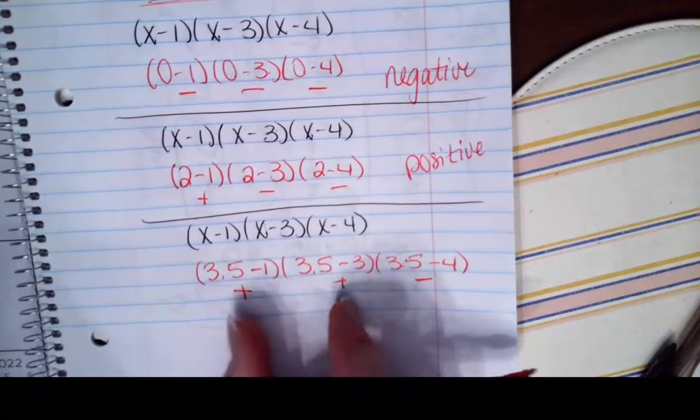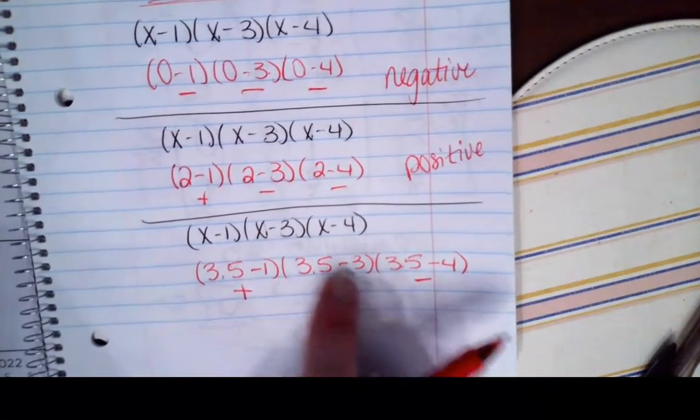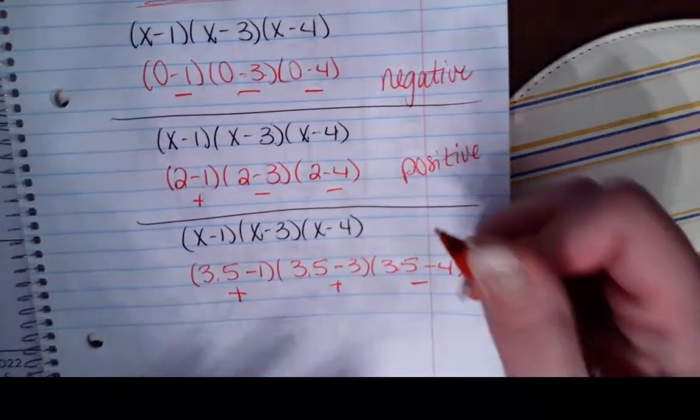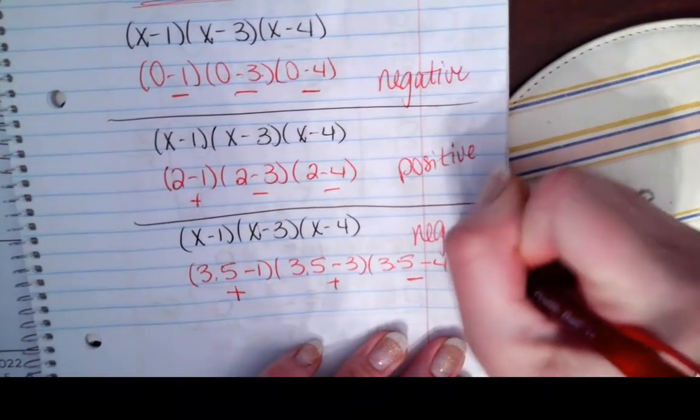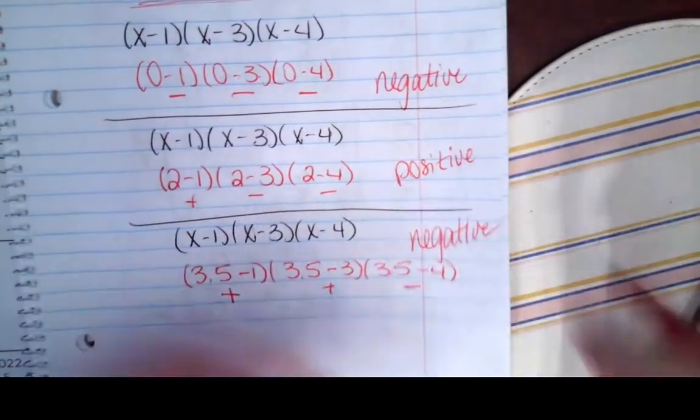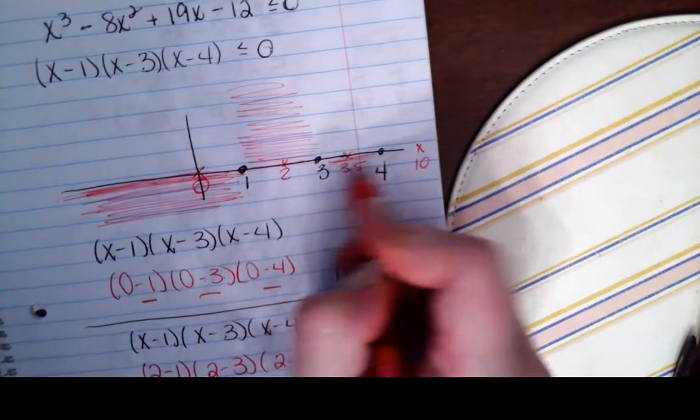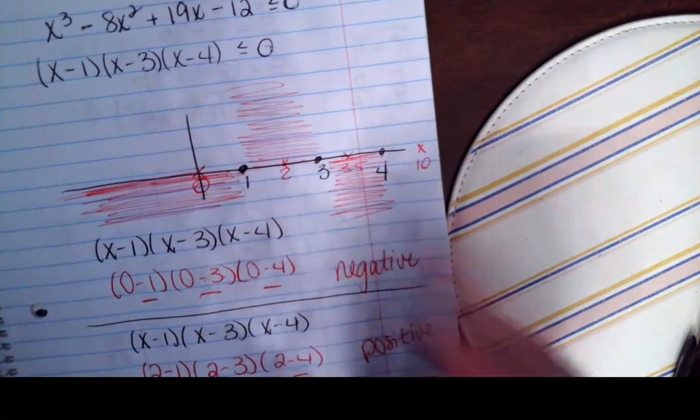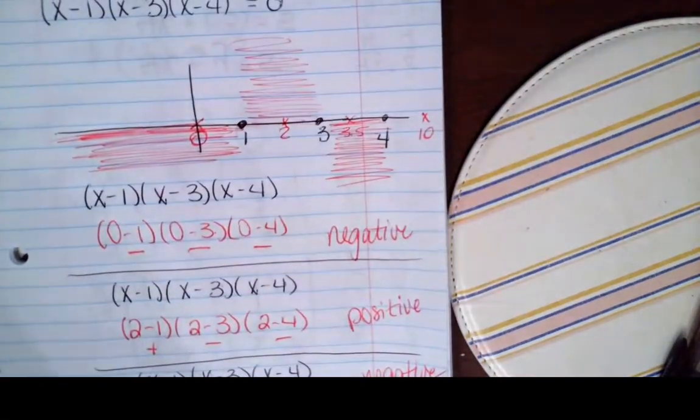So a positive times a positive is a positive. A positive times a negative is a negative. So in this interval, I'm going to be below the x-axis.